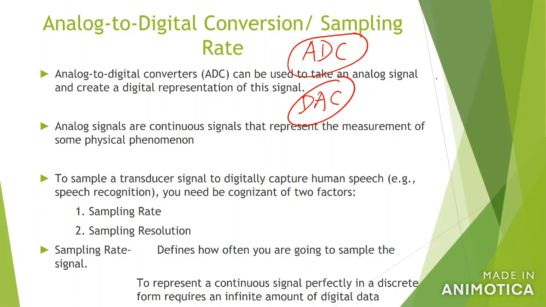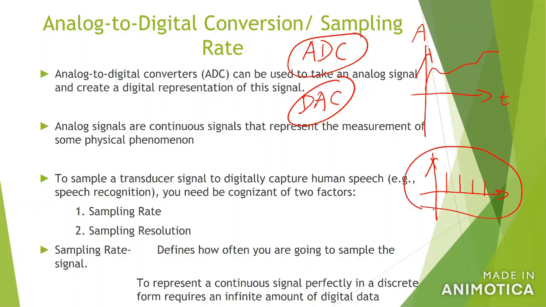Analog signal means continuous signals over time and amplitude. And digital signals are discrete signals. A computer can only process discrete signals, but real signals are analog. So you have to convert analog signals to digital signals to let the computer process them.